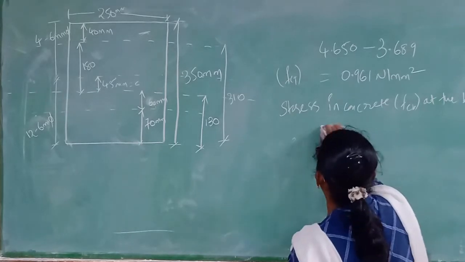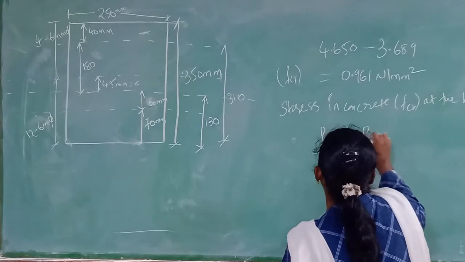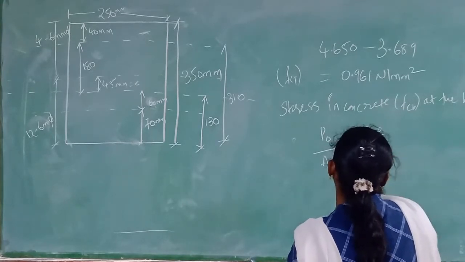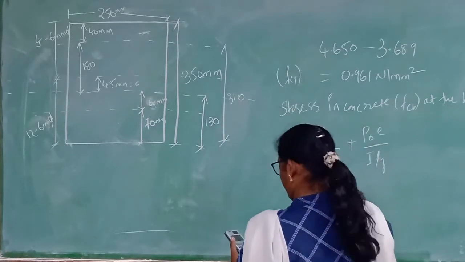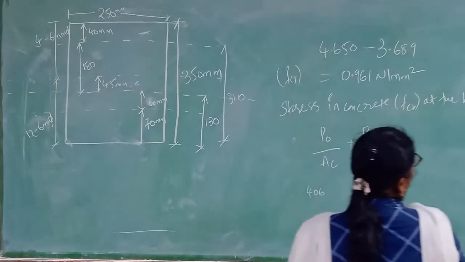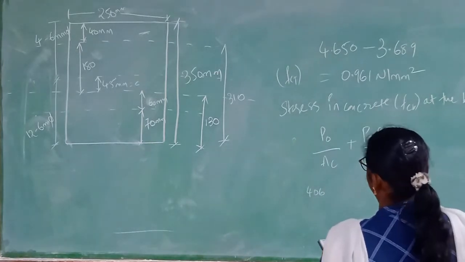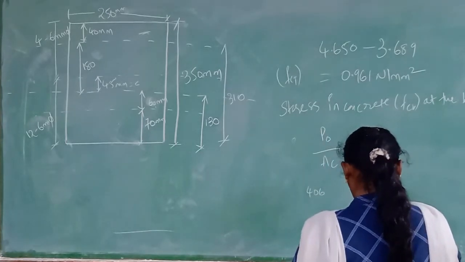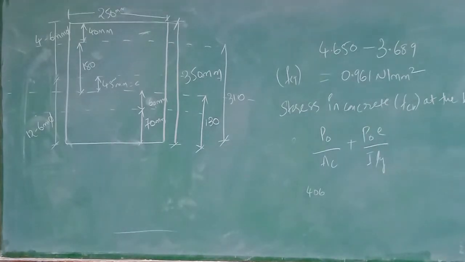So right, here P0 by AC plus P0 E by I. P0 is equal to 406,944. How much did we get?